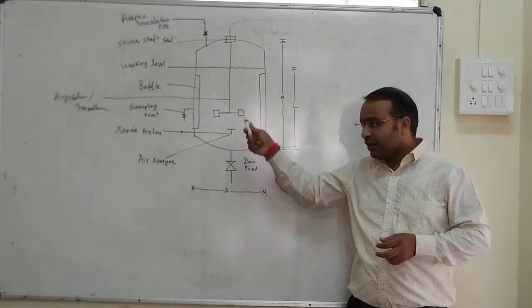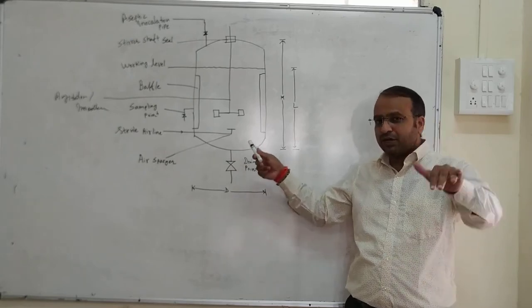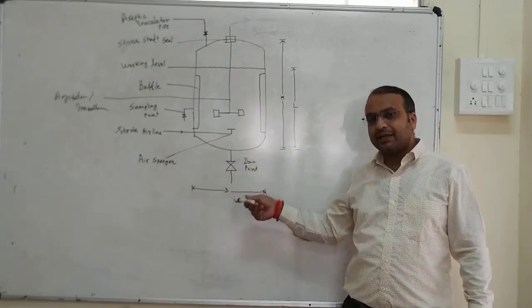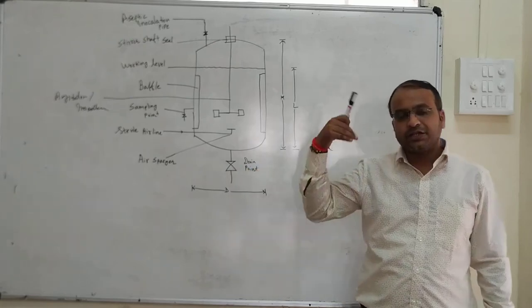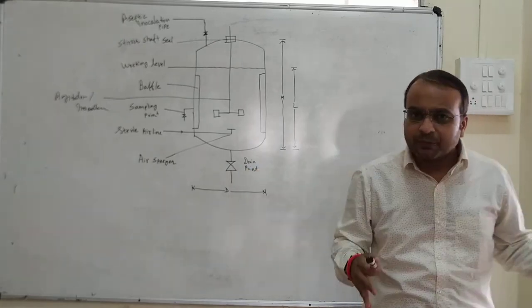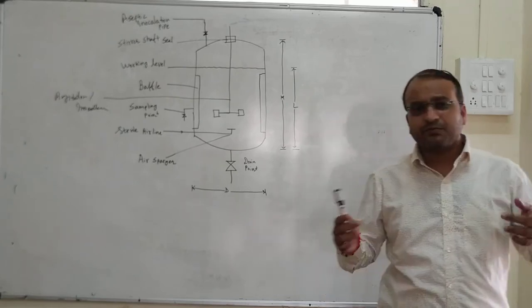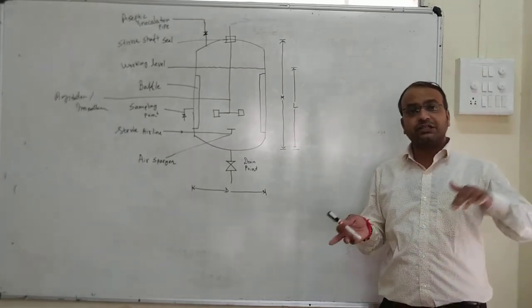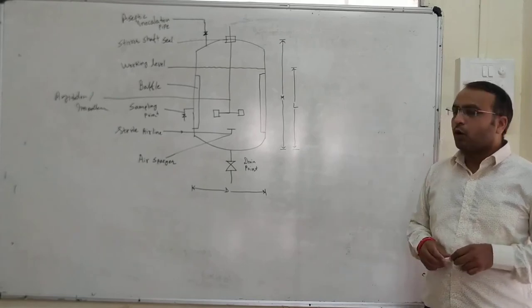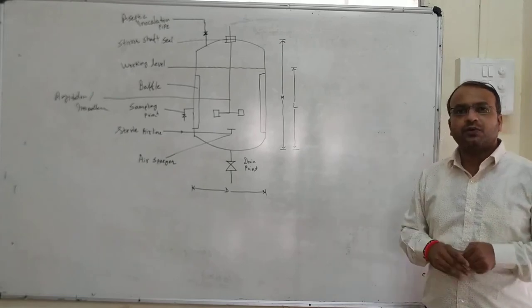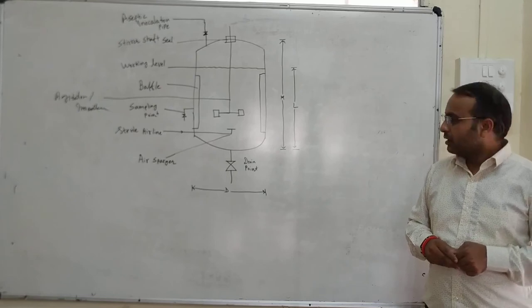At the end of fermentation, the fermentation broth can be taken out by using this drain point. The drain valve is opened, the complete fermentation broth is drained and collected. This is an overview of the basic design of a bioreactor.